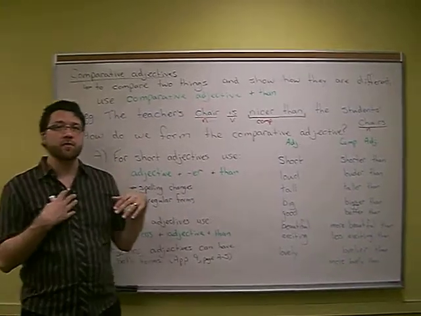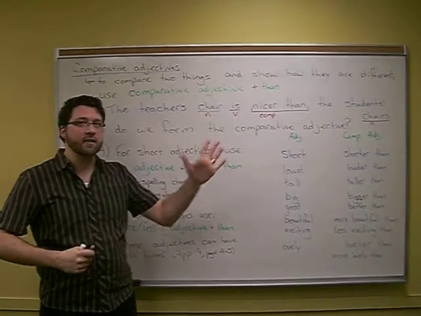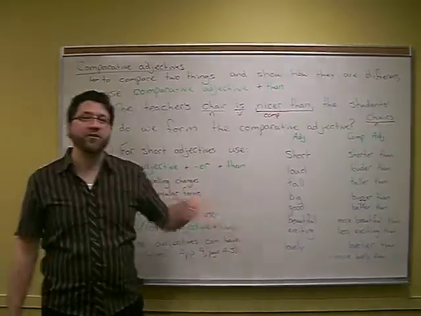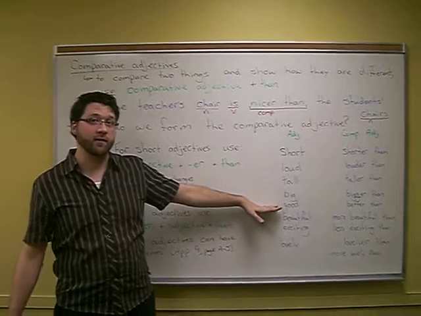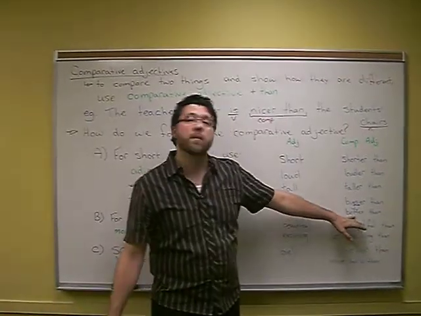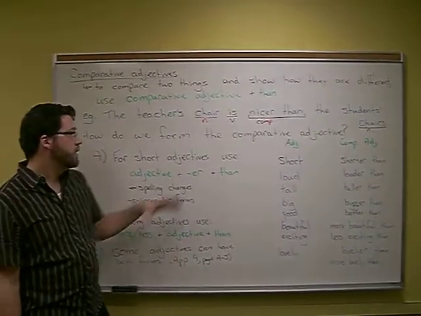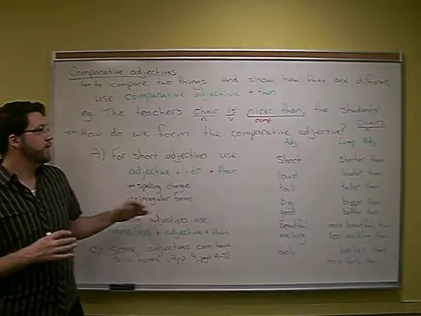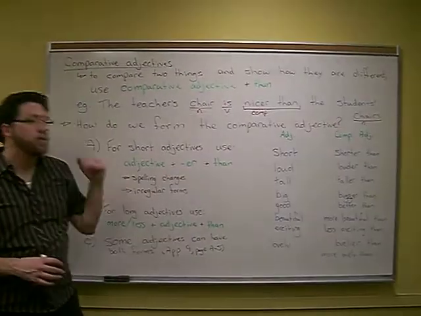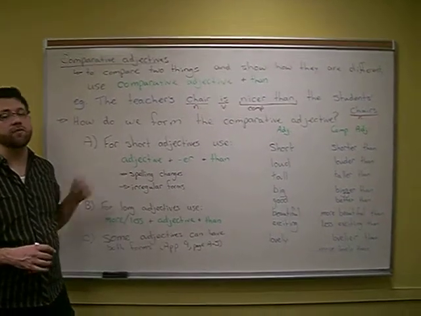If I have a score that is higher, I have 75, and ISIS has 65, I don't say my score is gooder than ISIS's score. I say my score is better than ISIS's score. So for short adjectives, normally we add er, but there are some adjectives where you have to be careful of spelling.